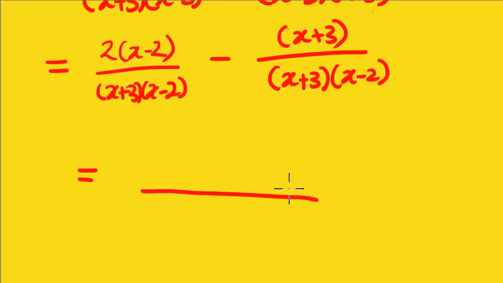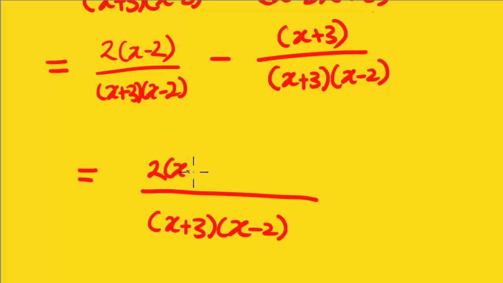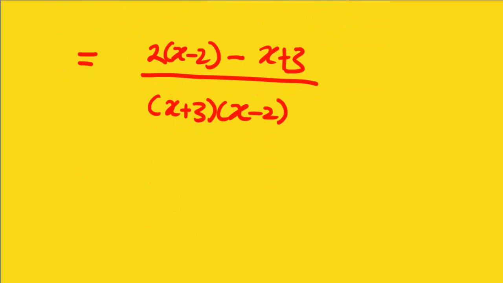So when you subtract these two fractions, the denominator of the resulting solution is going to be the same as the original fractions. And the numerator is just going to be 2 times x minus 2 minus x plus 3. Then you can simplify further. By this stage, you need to know how to multiply out brackets. I'm going to assume you do. My main point in this video is showing you how to rewrite fractions to have the same denominator.